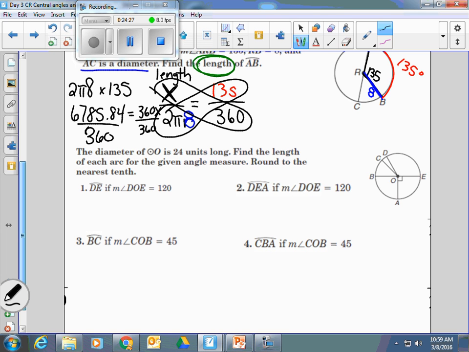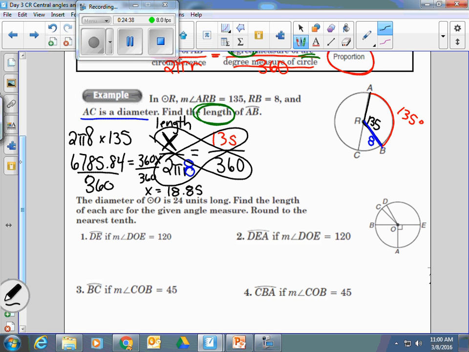So what's 6,785.84 divided by 360? 18.85. That means this arc over here is 135 degrees, and if I were to measure it with a ruler, it's 18.85 units, whether inches or centimeters. But the number of degrees is 135 degrees.